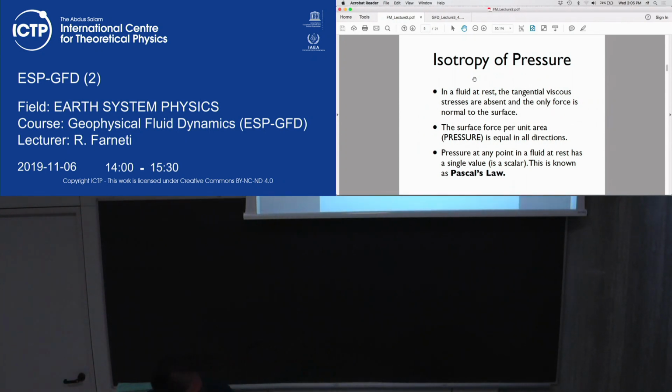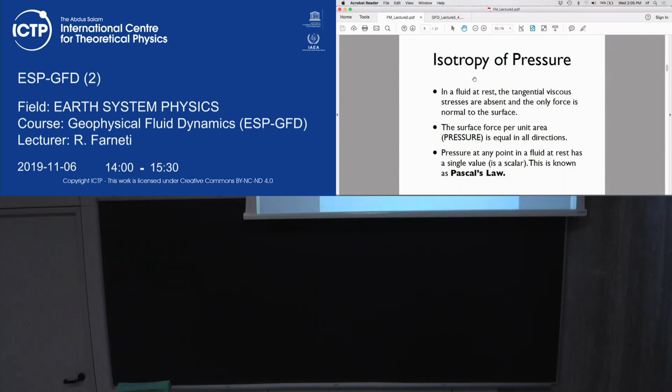Not sure I understand the question, but every point feels the same pressure in every direction. So the pressure doesn't depend on the direction. If you shrink your element of fluid down to a point, it feels the same pressure in every direction.